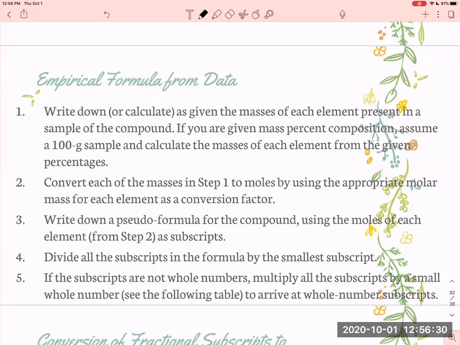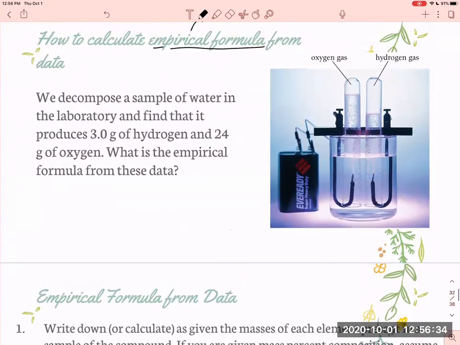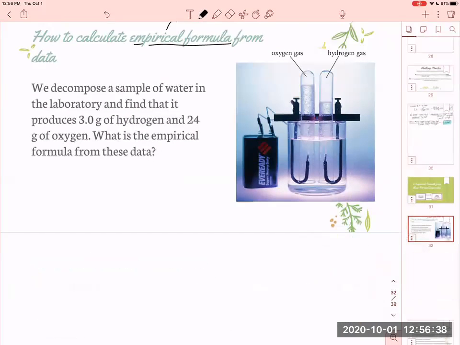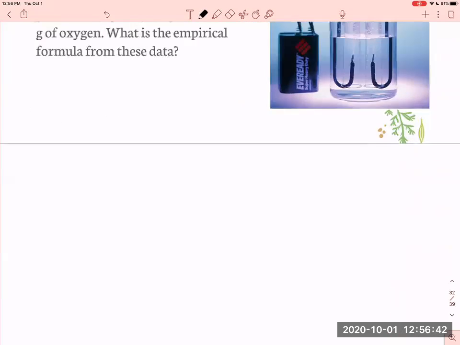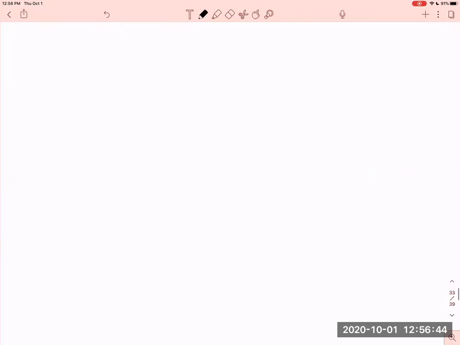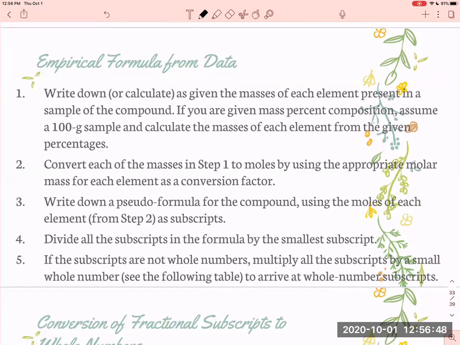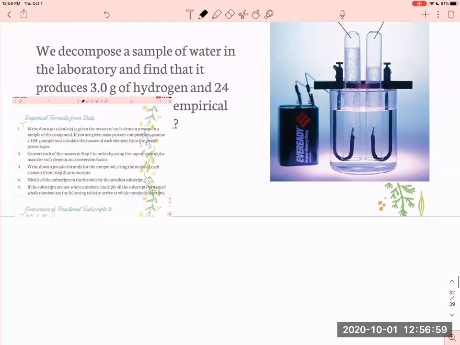I'm going to follow these steps to solve this problem and show you how we can do so. Following these steps, I'm going to go back and forth between the steps and the problem. And let's move the steps into here.